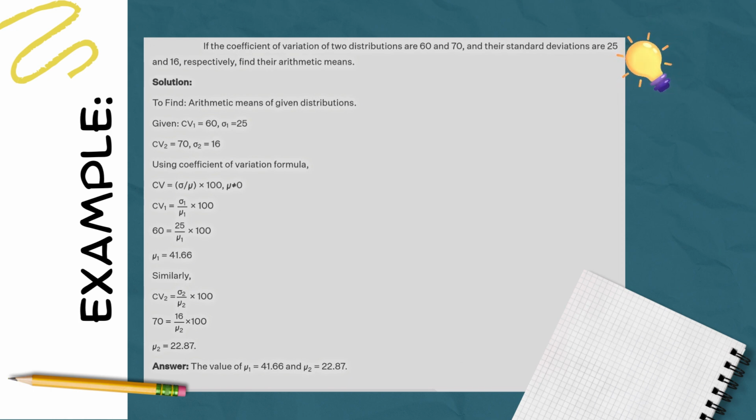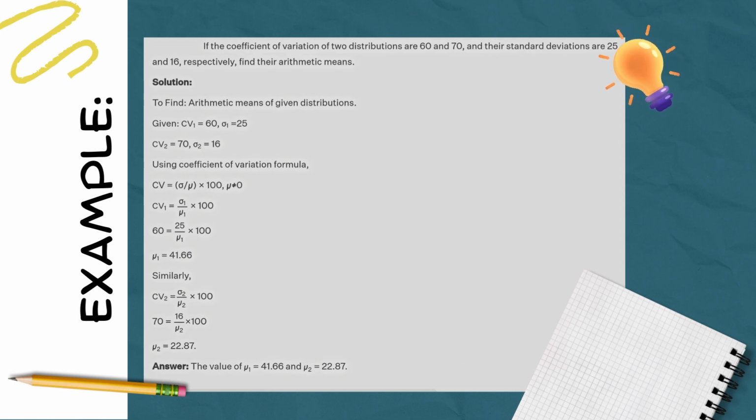We need to substitute the CV1, or the given one, to the formula. So 60 is equal to 25 over mean 1, or the population mean 1, times 100%. If we solve that using our calculator, the answer will be mean 1 is equal to 41.66. We can answer the given 2 similarly to given 1, so we need to use the same formula.